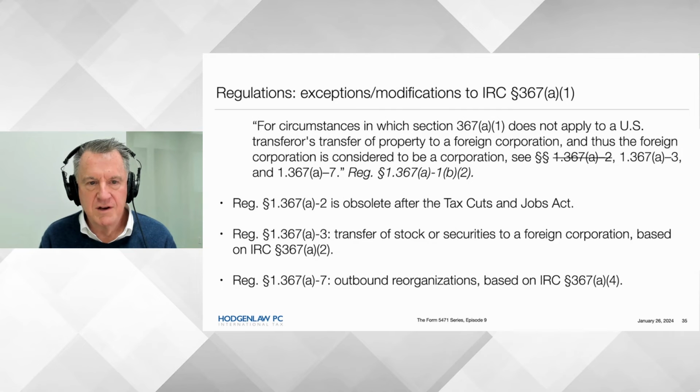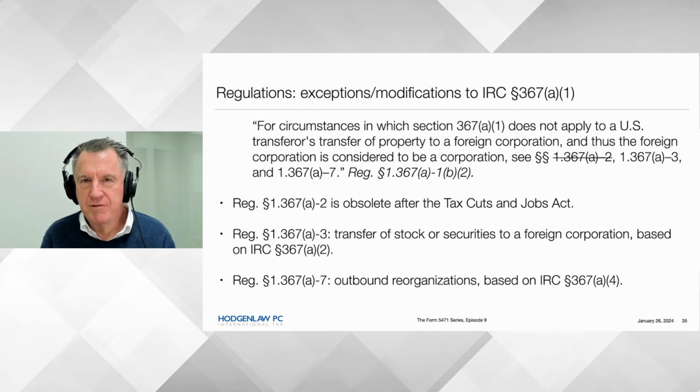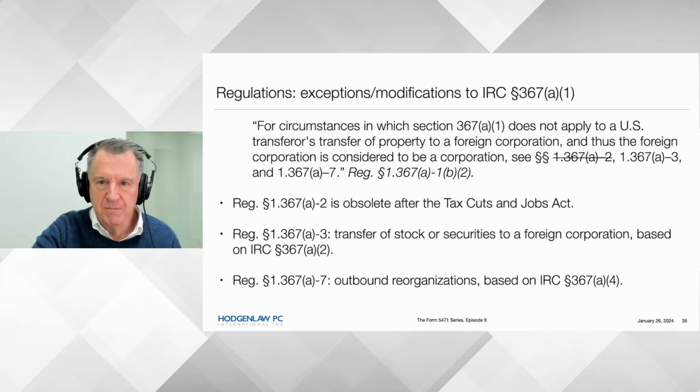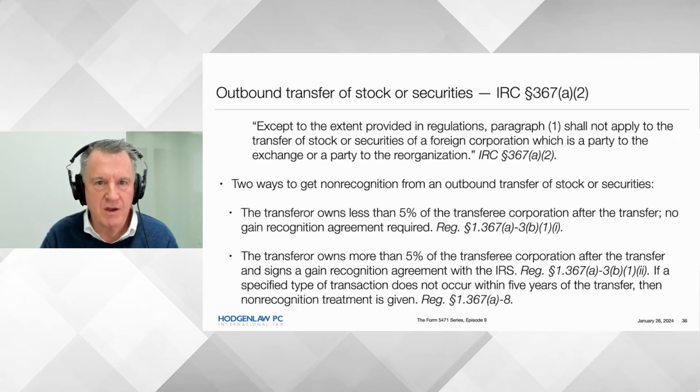And then the -7 regulations, outbound reorganizations based on 367(a)(4). So 367A, generally, all the outbound stuff. 367B, generally, foreign to foreign and inbound stuff. Just so you know, we will come to the inbound and foreign to foreign in a sec.